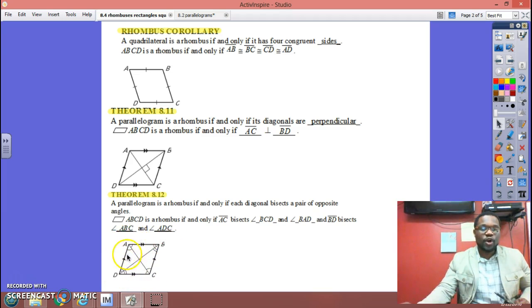For example, if the whole angle A here was 100, that means this diagonal, segment AC, splits angle A into 50 degrees and 50 degrees down here and 50 degrees and 50 degrees up here. But all that other stuff is still true. So that's just something to keep in mind about the diagonals of a rhombus.